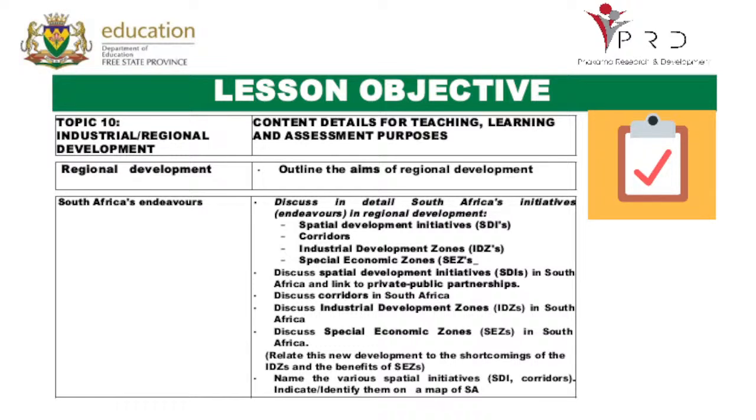Then we're also going to be looking at some incentives that are there to encourage industrial development. If you can recall, we also mentioned the issue of establishing the manufacturing sector in our country so that we bridge the gap between the primary sector and the tertiary sector. That is also a way of limiting the problem that we have minerals in South Africa, but those minerals do not benefit us at the end of the day.